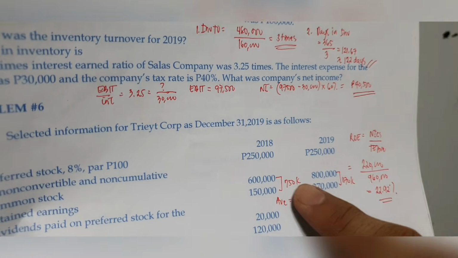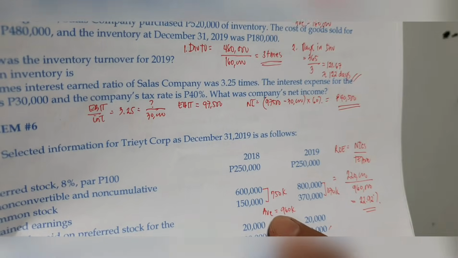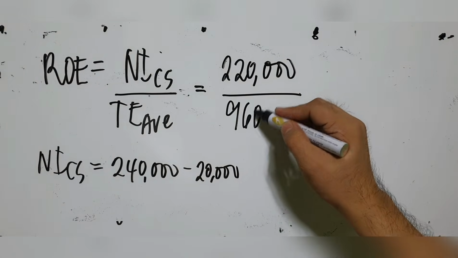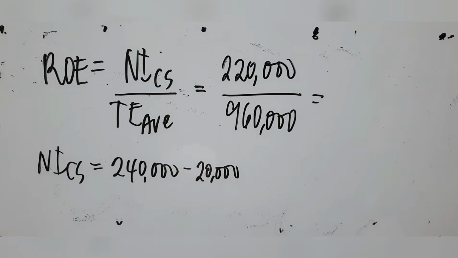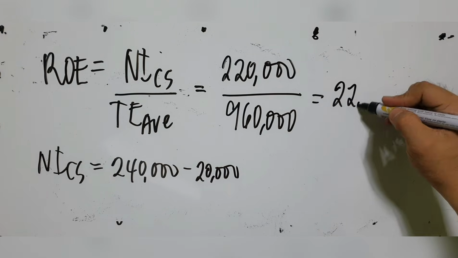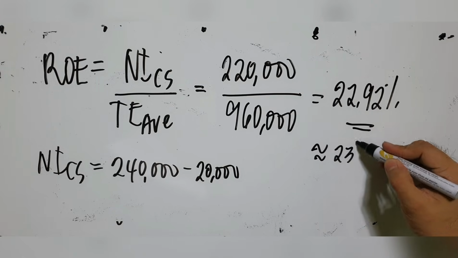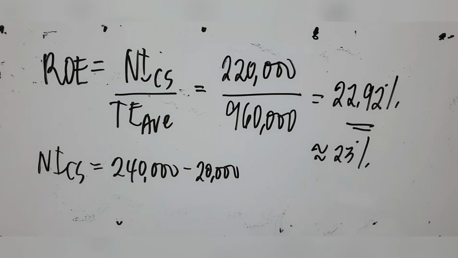Ang average ng dalawa ay 960,000. So therefore, kung ito ay 960,000, the ROE or return on common stockholders' equity for 2019 was 22.92% or approximately 23%. So that's the answer in problem number 6.